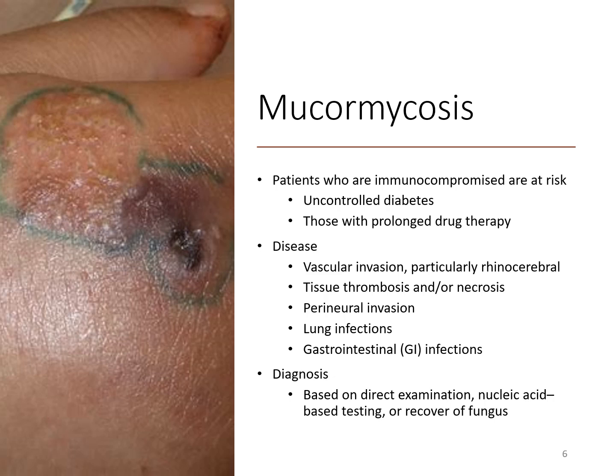It could cause some sort of tissue thrombosis or necrosis, and you can see that here in this image where the tissue surrounding the injury is starting to decay a little bit. Lung infections, GI infections, and diagnosis is based on direct examination, or it can be based on nucleic acid testing, PCR testing, or recovery of the actual fungus itself through culture.